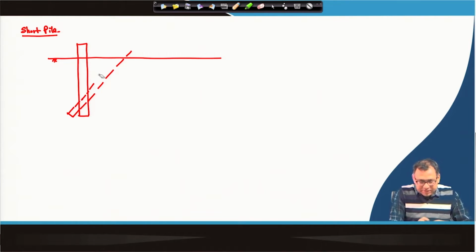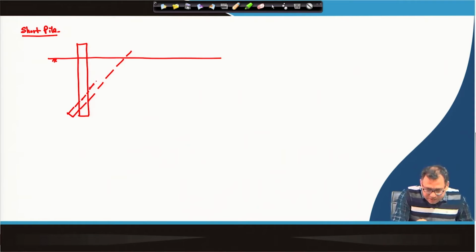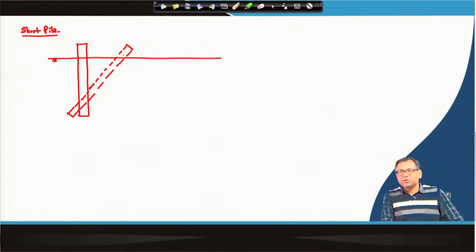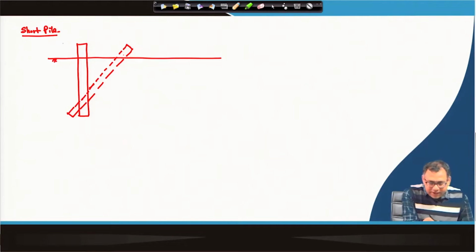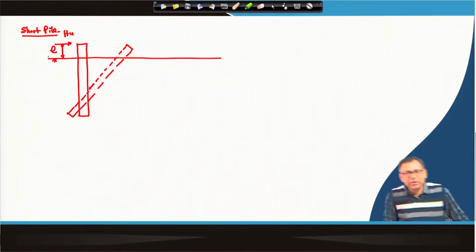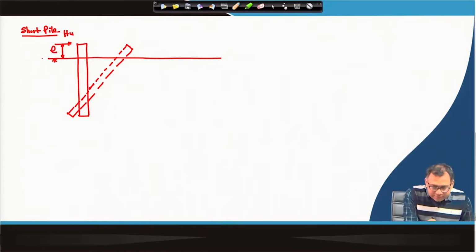An assumption is that, as mentioned, the active earth pressure contribution will not be considered, so the rotation is very close to the toe or base of the pile. And here H u is acting with an eccentricity value of e, and L is the length of the pile.